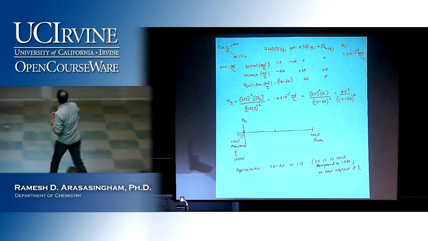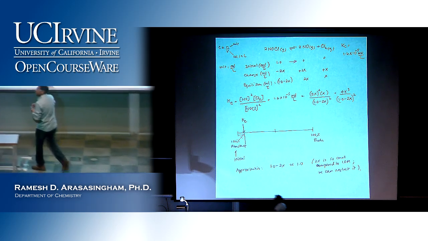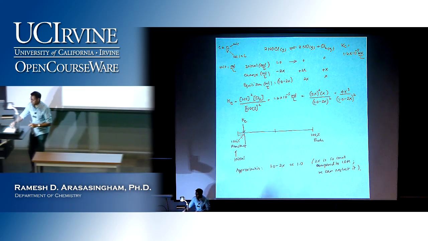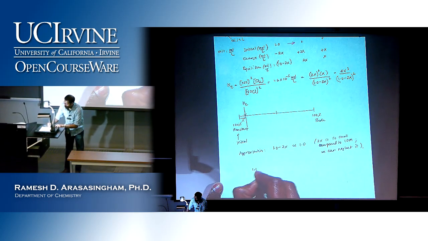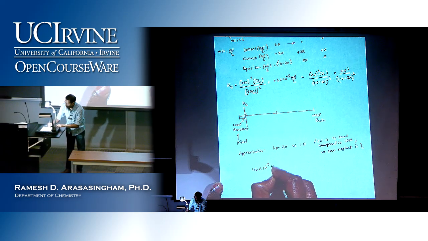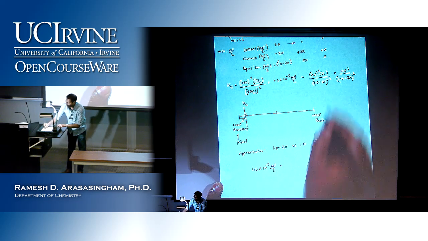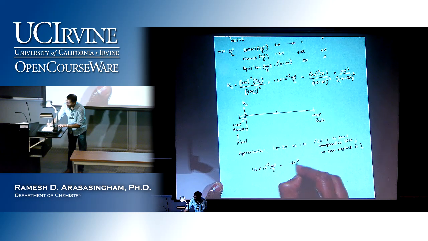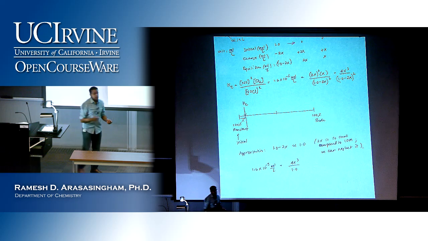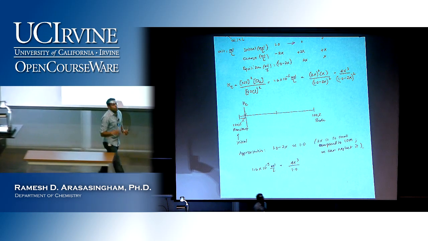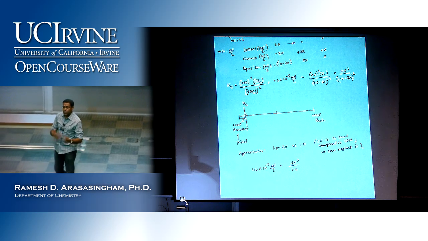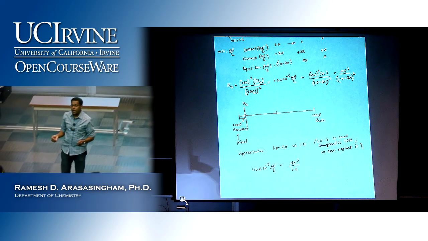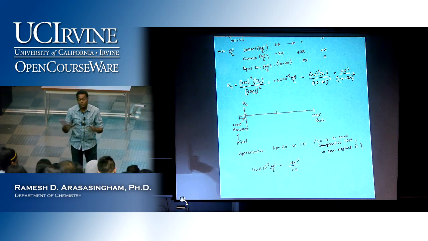Okay? So we're going to make this assumption, and can you see that when we make this approximation, it considerably simplifies my math, because now I can say 1.6 times 10 to the negative 5 moles per liter equals 4x cubed divided by 1. Now, what would have turned out to be a horrible algebraic equation to solve now just boils down to a very simple step.